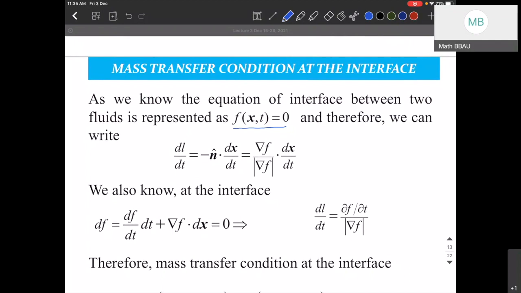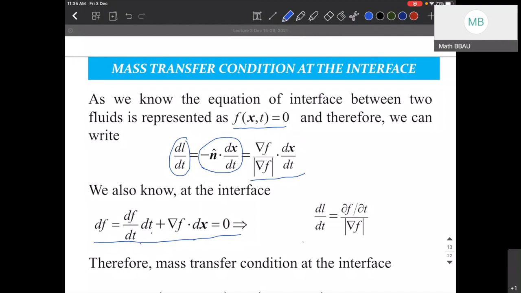Using that concept, we can calculate the value of dL by dt. It is minus n cap dot dx by dt, because it is a normal component. L is basically the normal component at the interface, and so we get this value. Now putting the value in, also df, the total material derivative at the interface, is df by dt plus gradient f dot dx by dt.